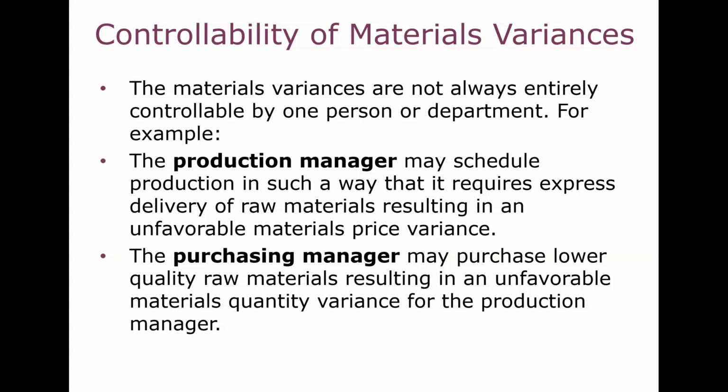Maybe they waited too late to purchase the material, so they had to overnight the material over. And as you know, shipping charges and delivery charges are added to the cost of the material. So it could be that the price increased because the production manager overlooked the time and purchased too late.